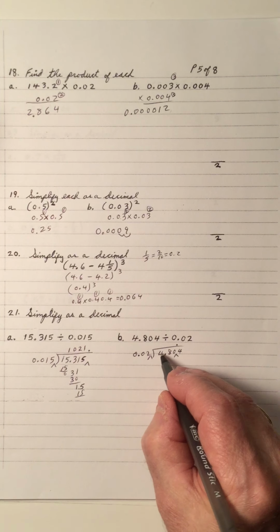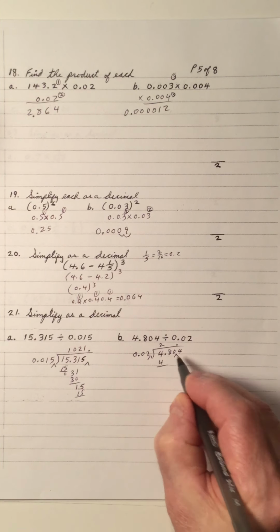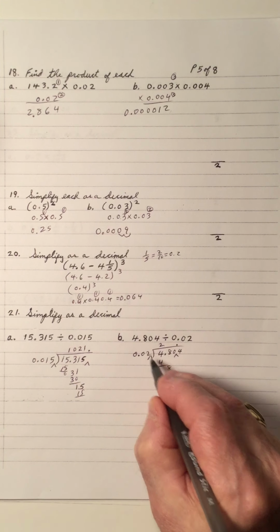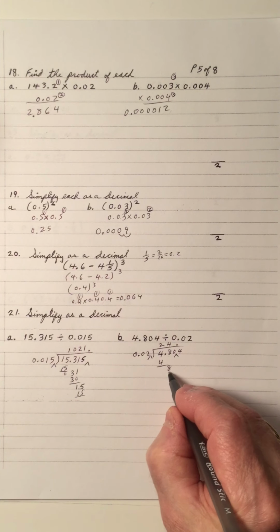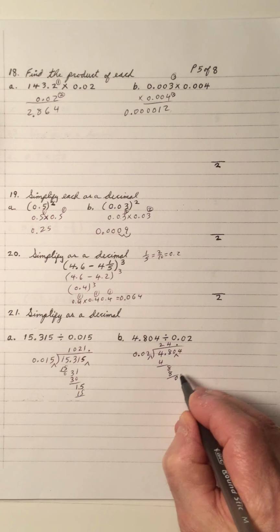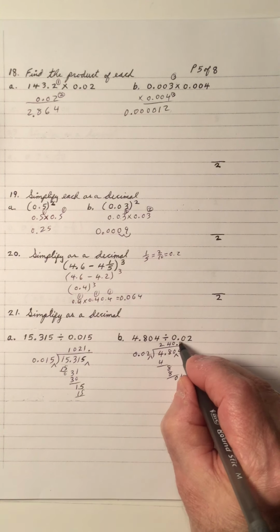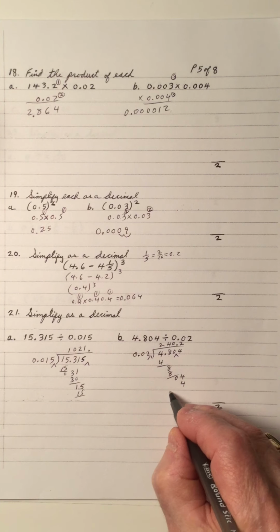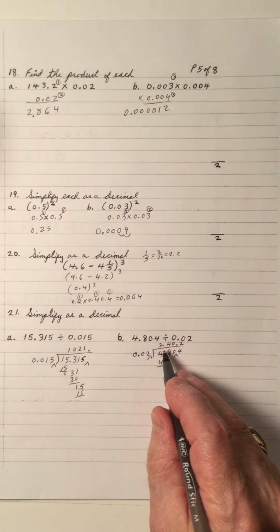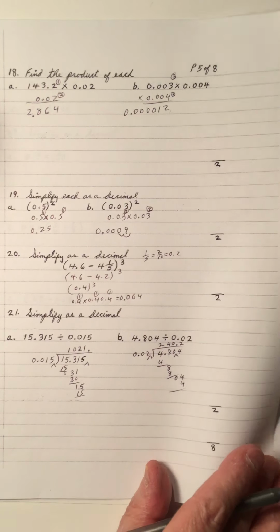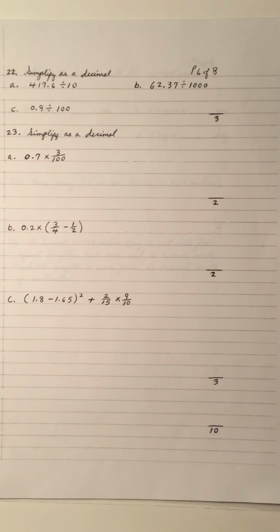Now I have a 2. 2 into 4 goes 2, get a 4. Bring down your 8. 2 into 8 goes 4. Multiply, you get an 8. Bring down your 0. 2 into 0 goes 0. Bring down your 4. 2 into 4 goes 2. So the answer is 240.2. Let's continue.